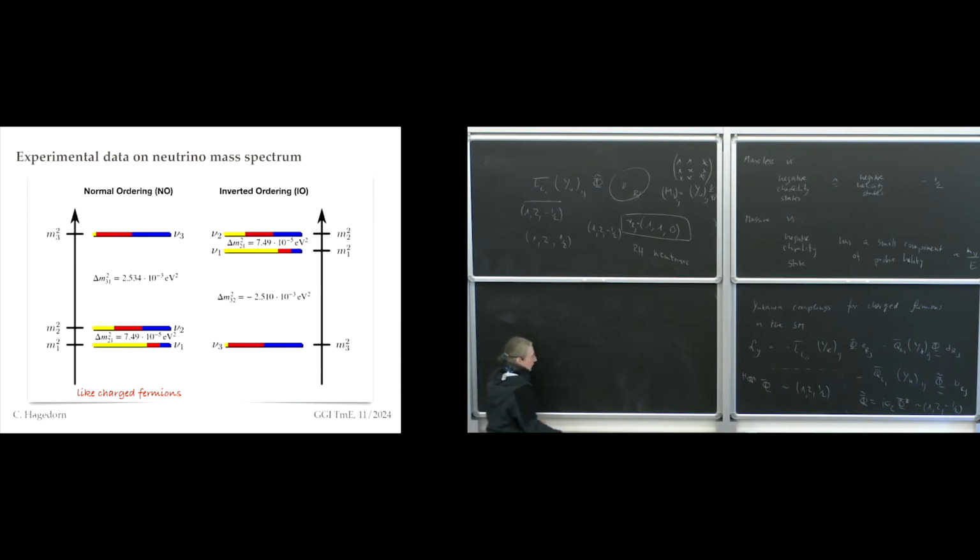Conventionally, all fermions which we have in the Standard Model are Dirac particles. And what does it mean to be a Dirac particle? A Dirac fermion means that you have 4 independent degrees of freedom.